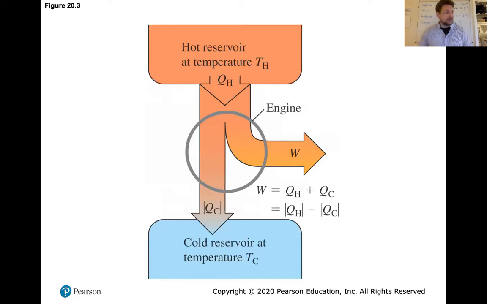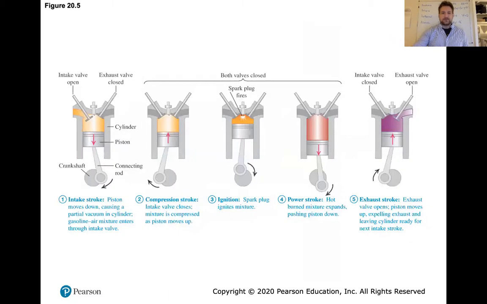And over the years, we have tried several things. This is a diagram of a traditional internal combustion engine cylinder, the Otto cycle, named after the inventor.